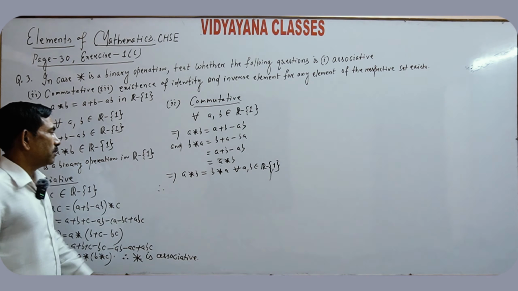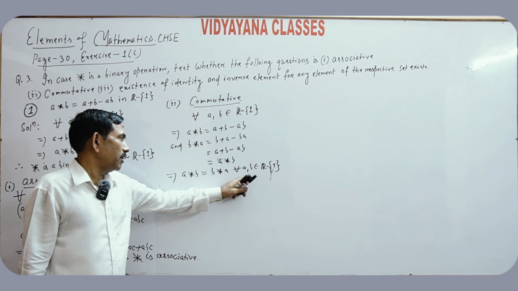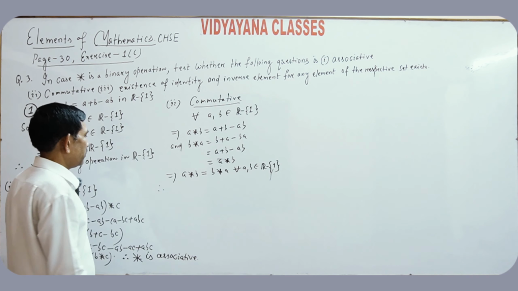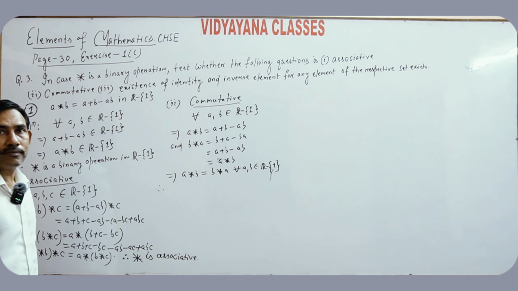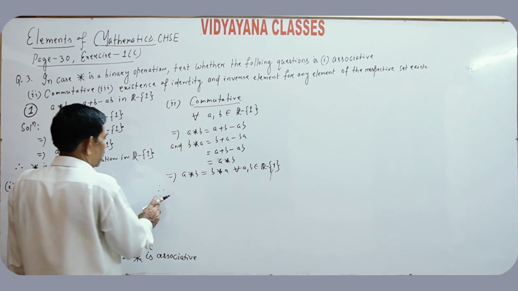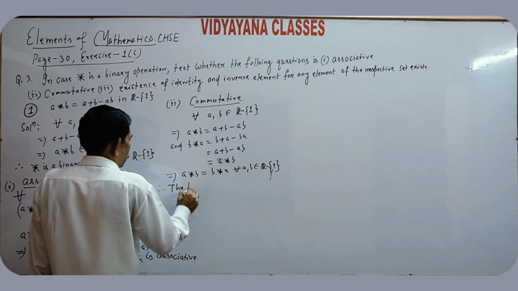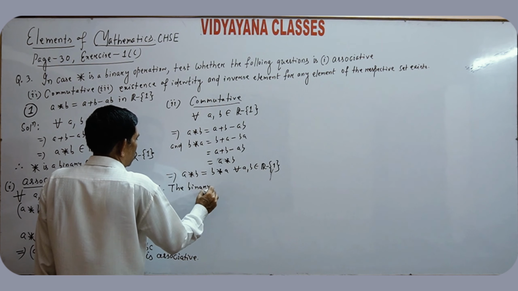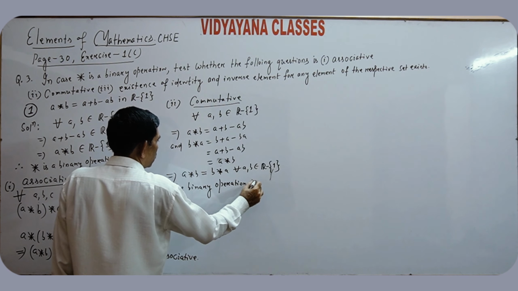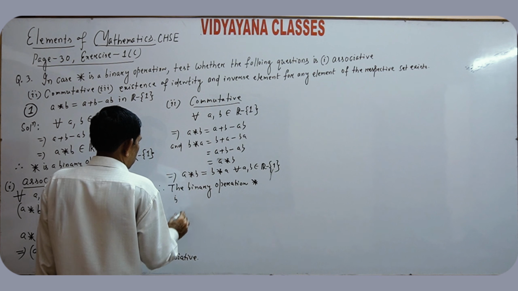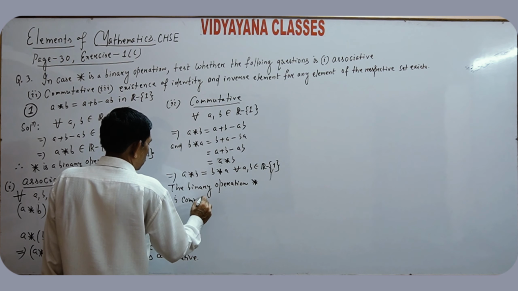Therefore, since A star B is equal to B star A, for all A and B belongs to R minus set of 1, implies the binary operation star is commutative.